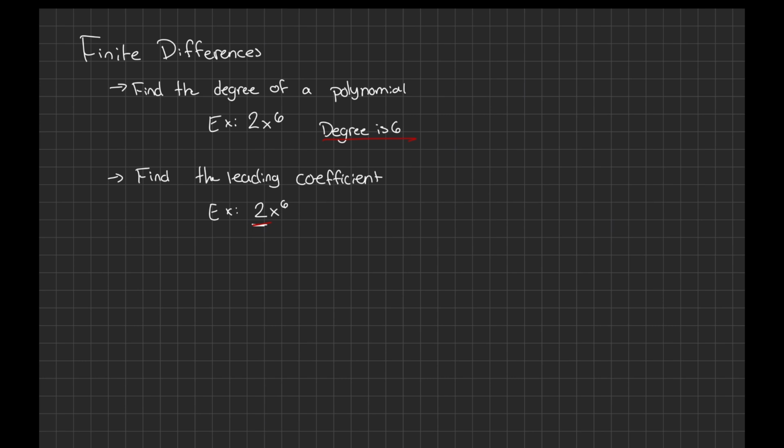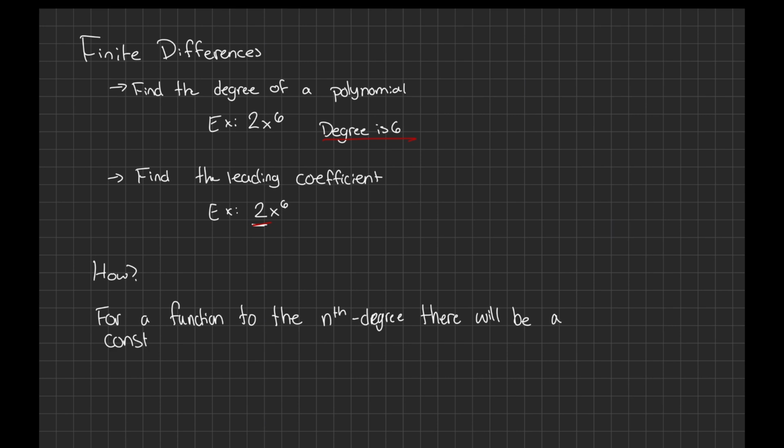And you might be wondering, how do we do that? Well, that is done using the principle that for a function to the nth degree, there will be a constant nth difference.